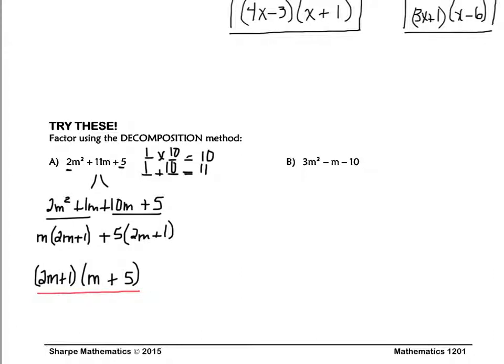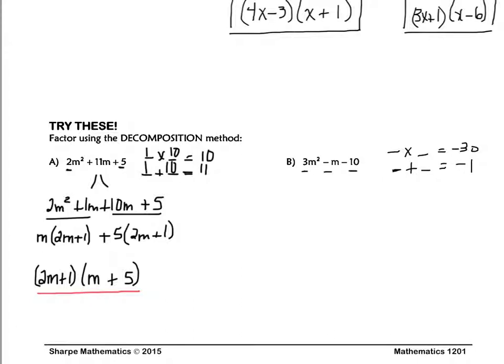Okay, so the next one, we're going to be looking for two numbers which multiply to give you 3 times negative 10, which is negative 30, and add to give you what's in front of the m there, which is negative 1.